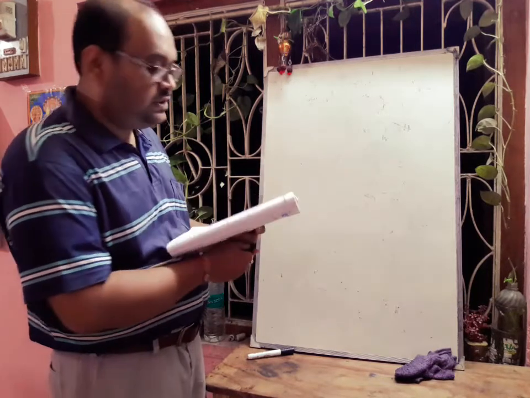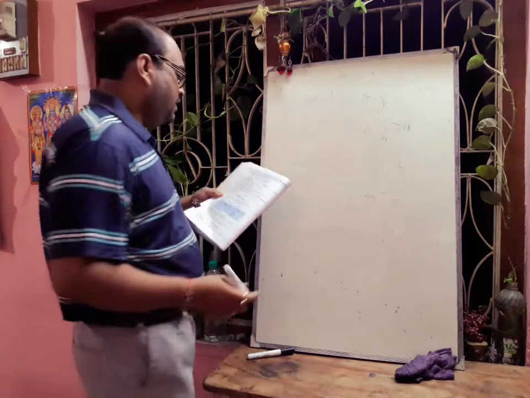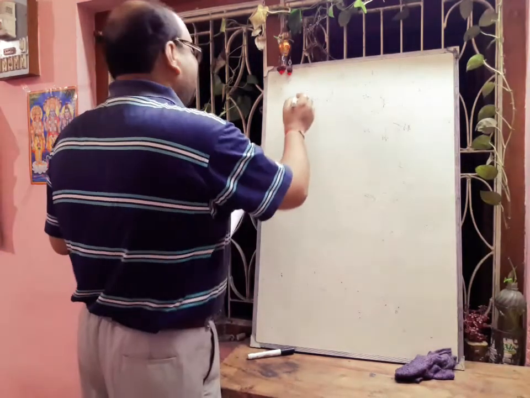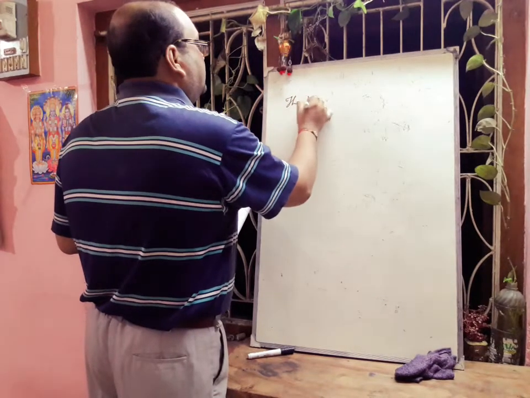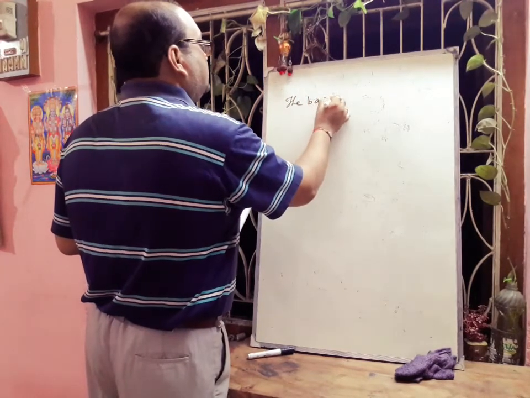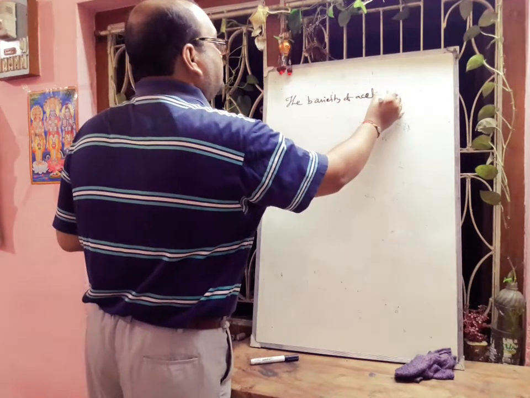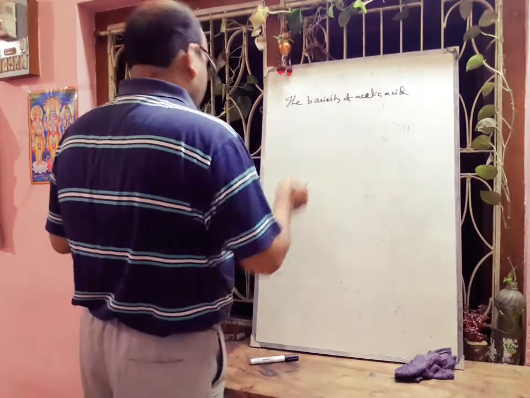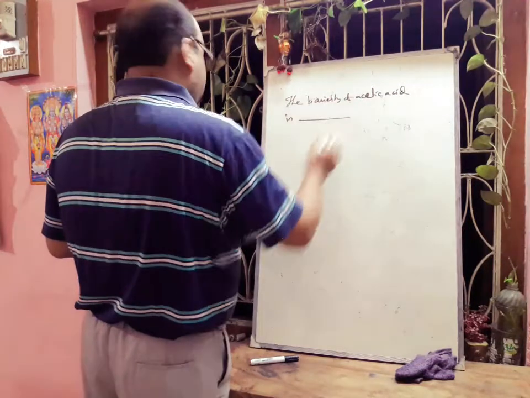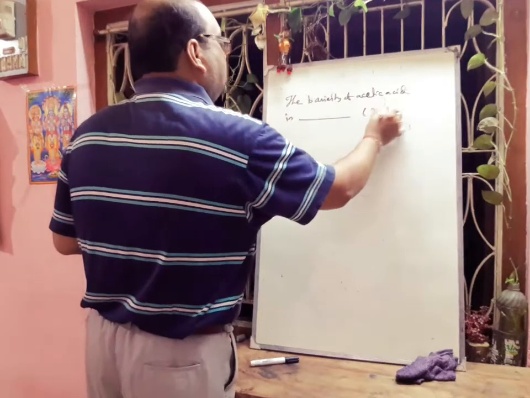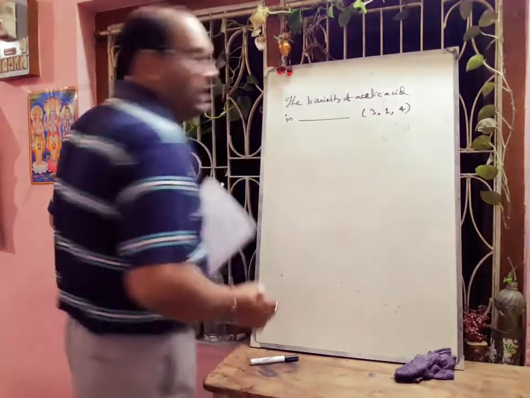The first question is given: the basicity of acetic acid is dash. Options are given: 3, 1, 4. So here you have to write 1.